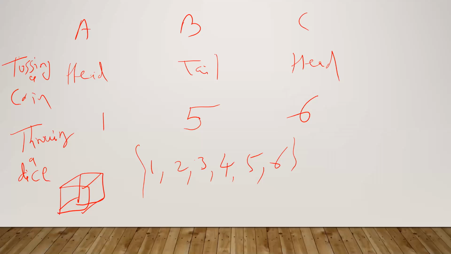One more example I can give you. You know playing cards, there are 52 playing cards, right? If I shuffle them properly and ask student A to select one card out of this pack of 52 cards, he may get a red colored queen card or heart card.